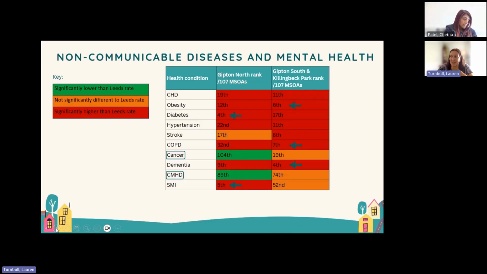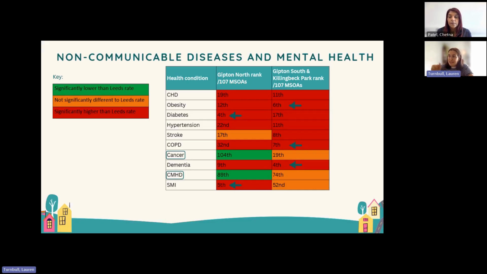So looking at some of those health conditions, as is to be expected, because it's an area of high deprivation, we have high rates of most health conditions. The reds indicate that it's significantly higher than Leeds. This table is comparing Gipton North and its rank out of the 107 MSOAs compared to Gipton South and Killingbeck Park.